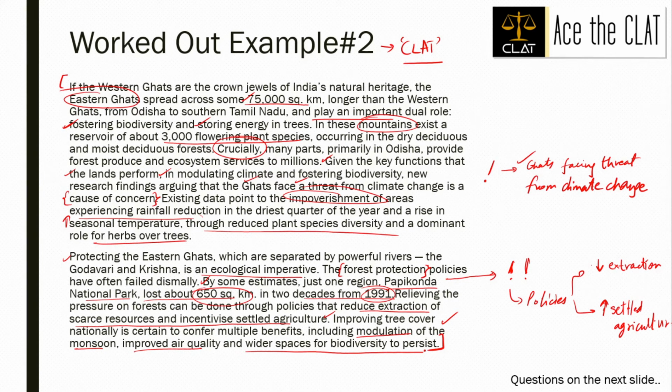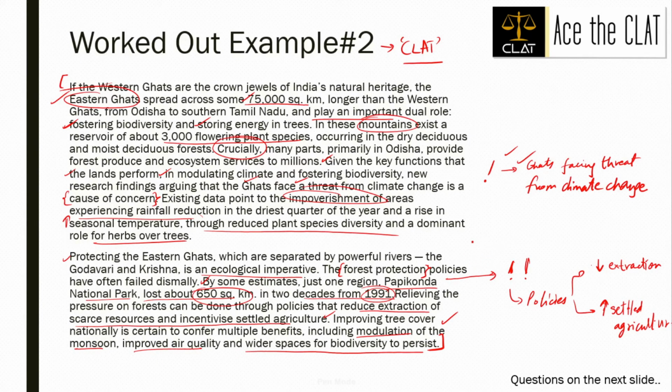First, he's talking about Eastern Ghats. He says some characteristics of Eastern Ghats. Then he presents some benefits of the Eastern Ghats. Further, he talks about threats that the Eastern Ghats or the Ghats in general face from the climate change. Then he gives some suggestion.